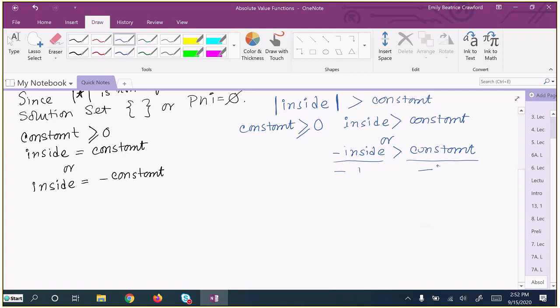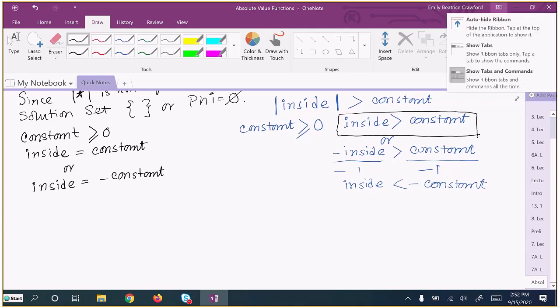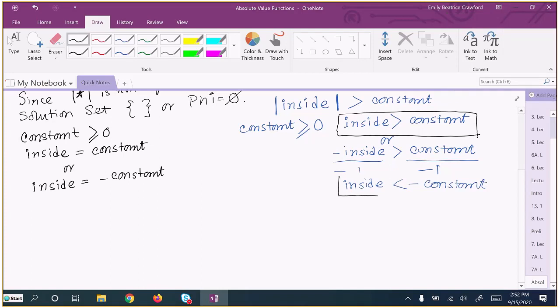And what it will do for us, it will make the inside by itself. But because you are dividing by -1, the sense of the inequality is going to be switched to a less than, and you will get a negative constant. And that's why when we were writing the rule, we skipped these steps and we simply went ahead and said that either inside is greater than the constant value, or simply inside is less than the negative constant value.